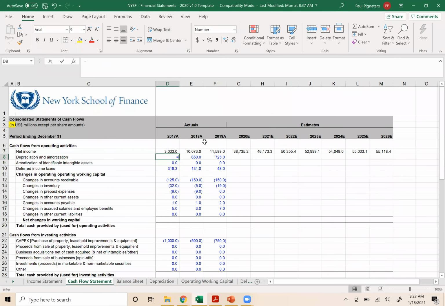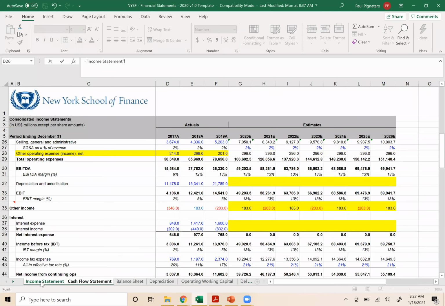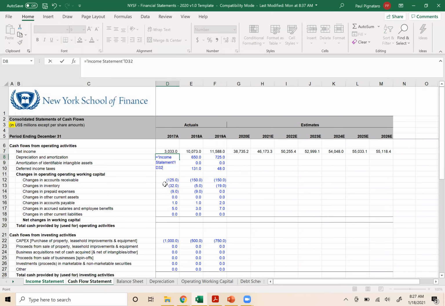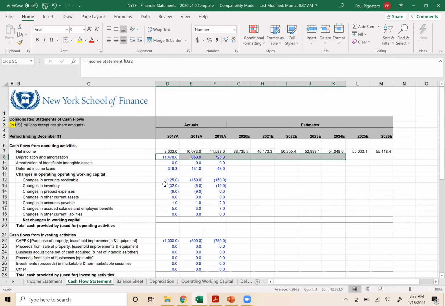So depreciation, we're going to link in to what we already hard coded. It's the same exact number. I know it has to be the same because this is where we initially found our depreciation, because it wasn't in the income statement and we had to pull it out. For a refresher, go back to the past courses on YouTube. And I'm going to color this black because it's a link.